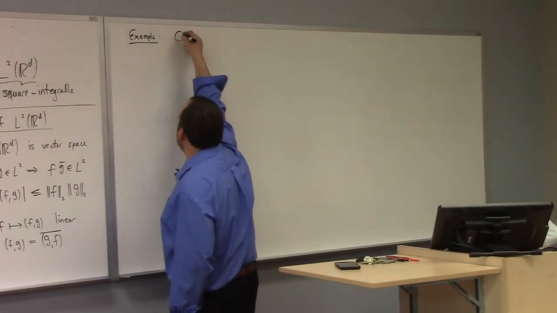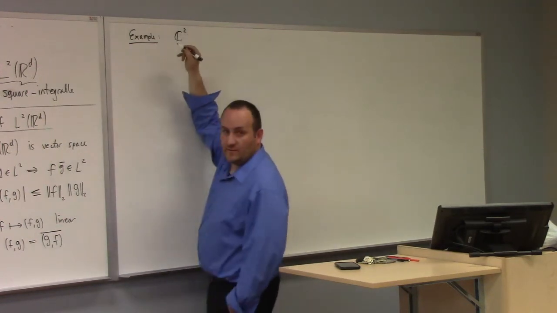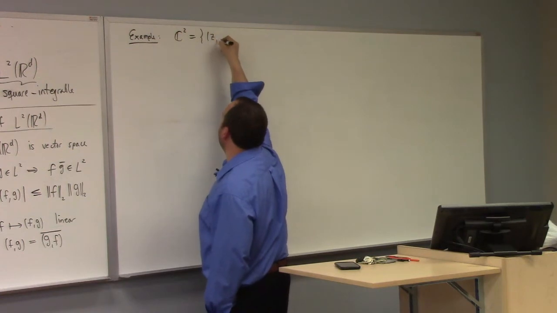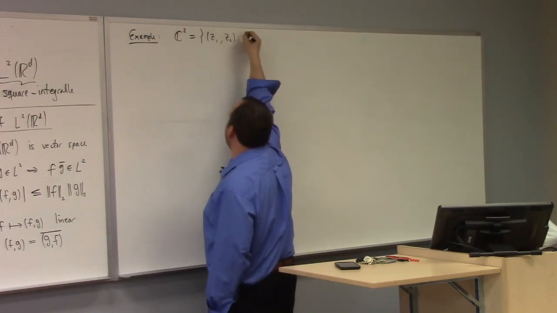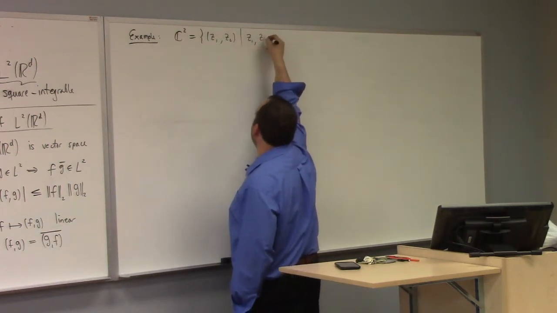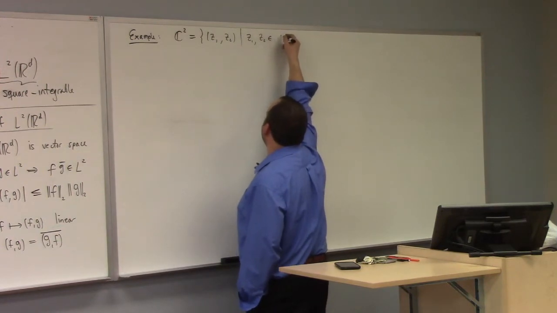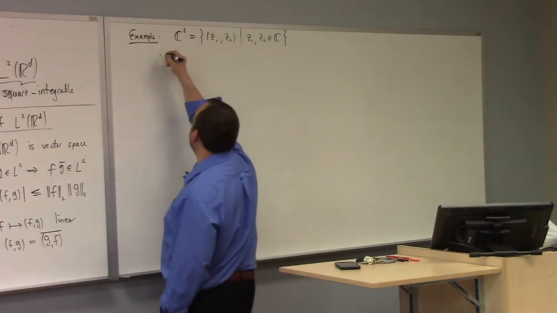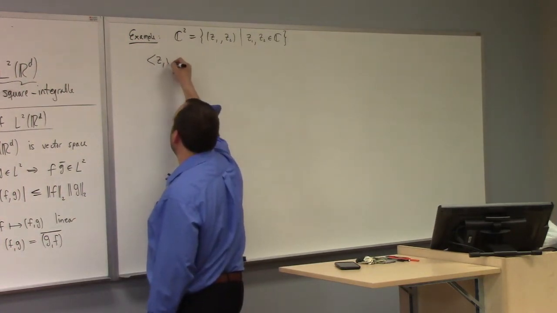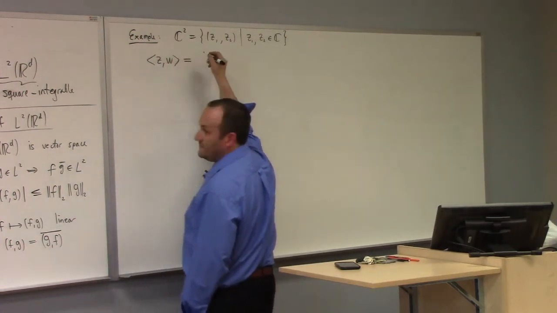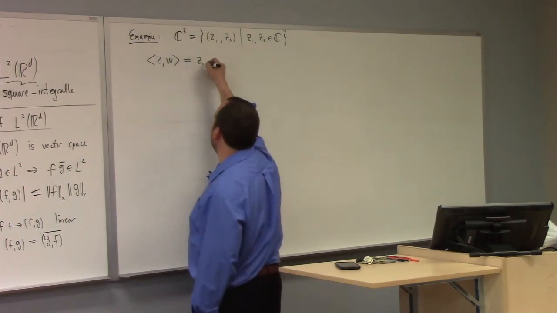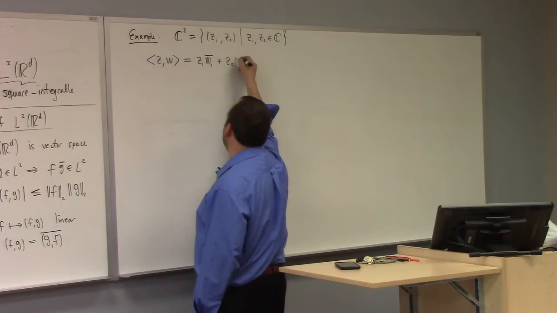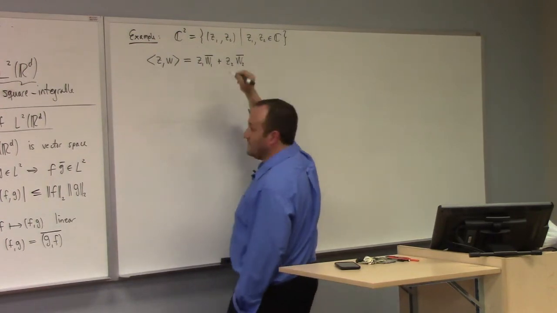If we work with C2, so they'd be complex 2-vectors, the inner product of z and w is defined to be z1 w1 conjugate plus z2 w2 conjugate.